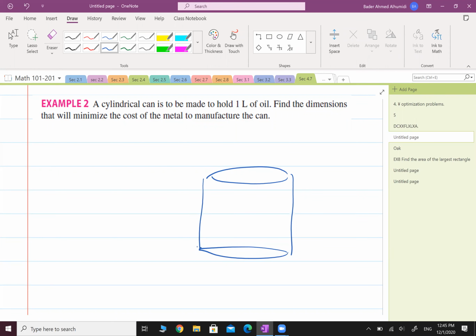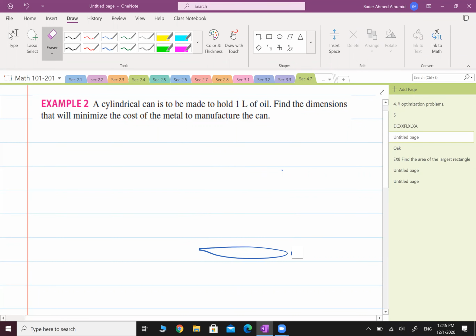If you need to build, manufacture, or design a can, the target will be how to manufacture it in such a way as to give the minimum cost. So how do we manufacture the can that will minimize the cost? I will try to formulate the question and then see if we can solve it today or leave it even to the next class.